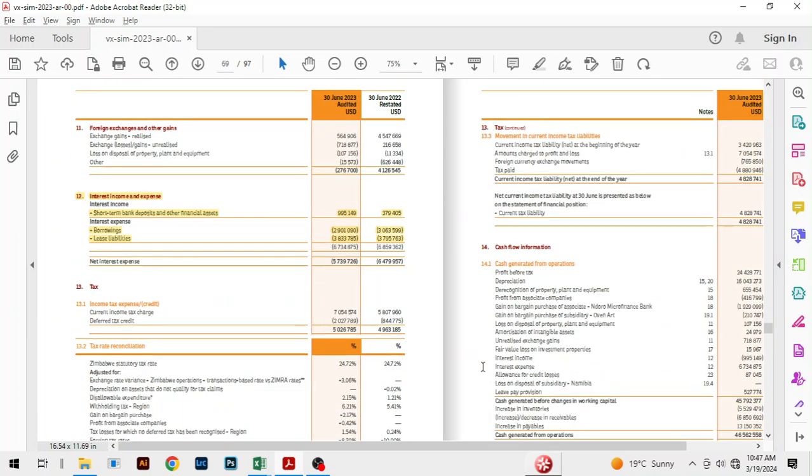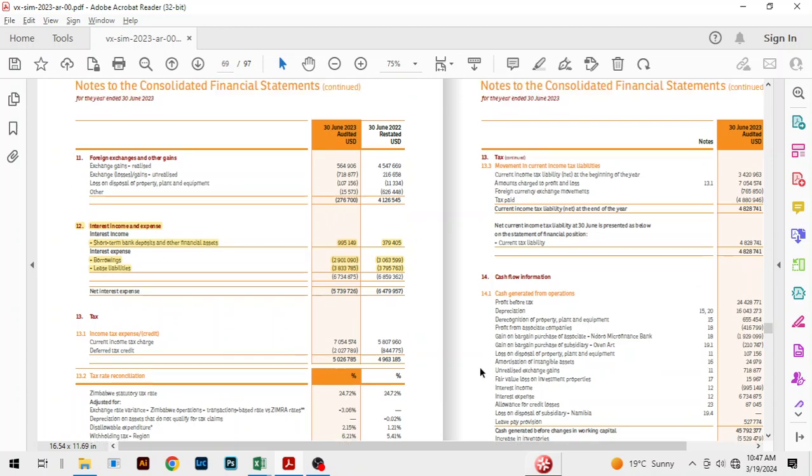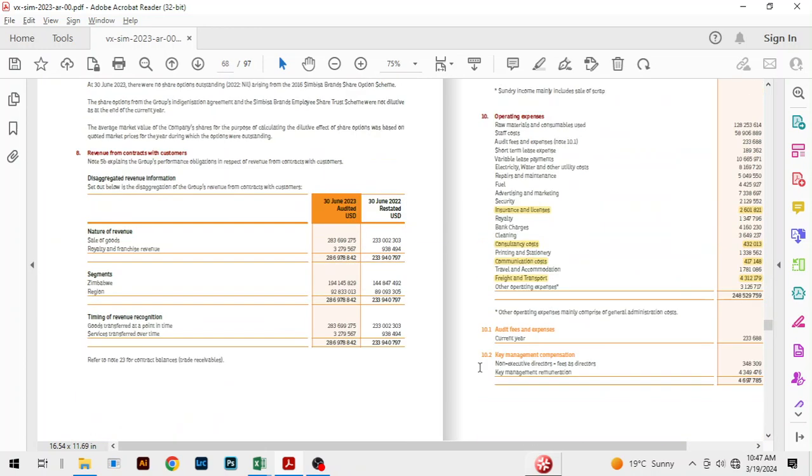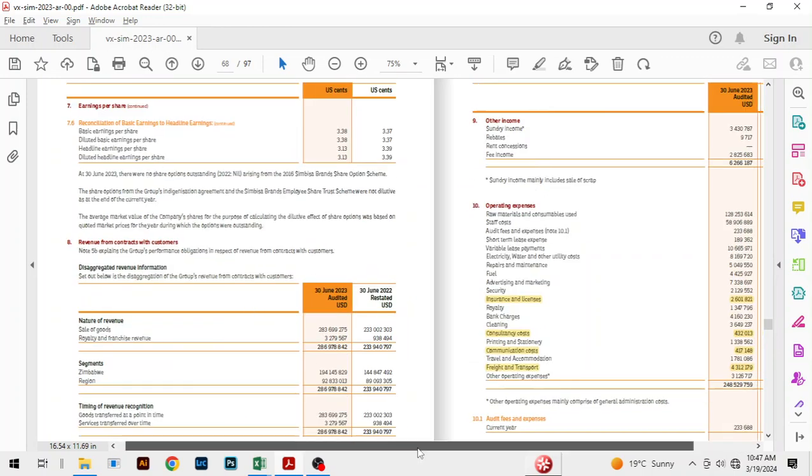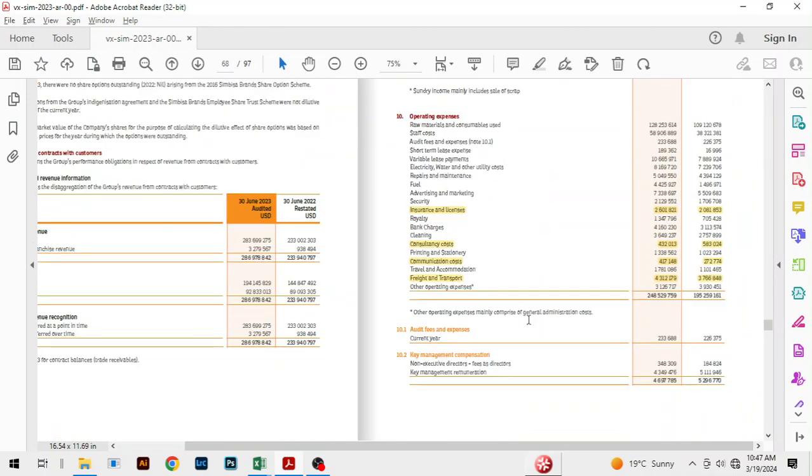Let me see. Okay, depreciation, where is depreciation here? Okay, so the other way you can do is you can press Control F, that's Control Find on your keyboard. Seems it's not working. Okay, so let me just give it some time.